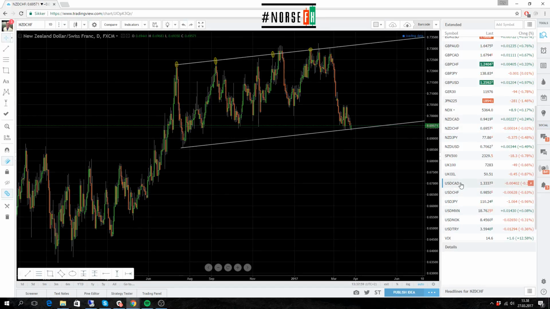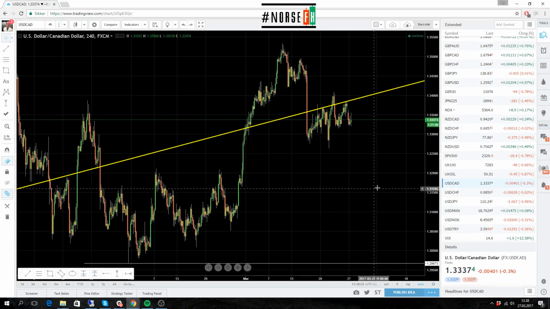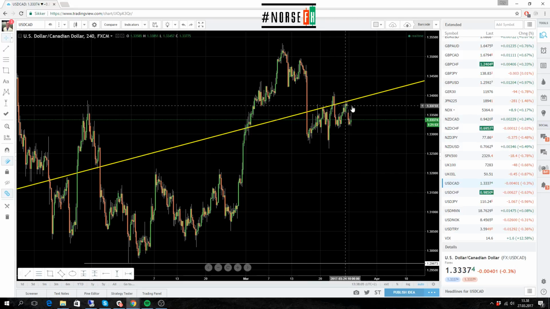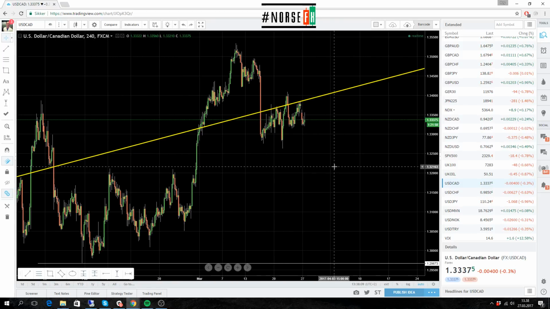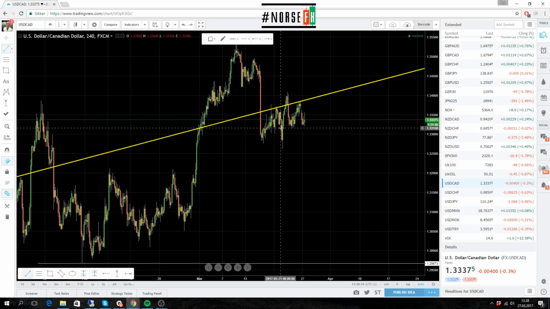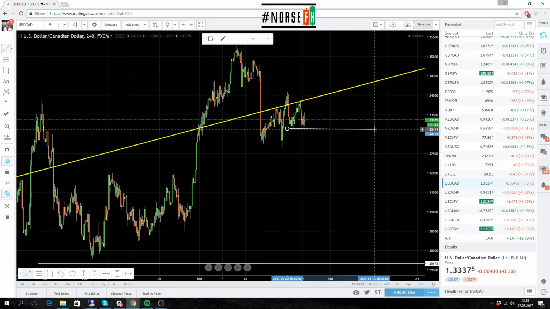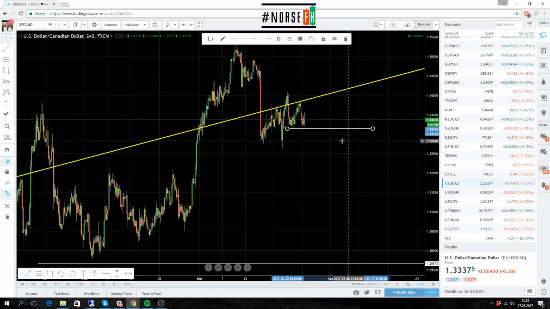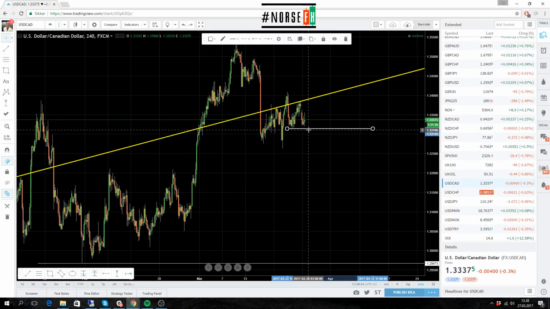Let's see, dollar CAD, I'm short here from the retest of the trend line itself, looking for continuation lower. If we break lower, you can use this low itself, but if you use a stage 2 if you break this low, that's more speculative.